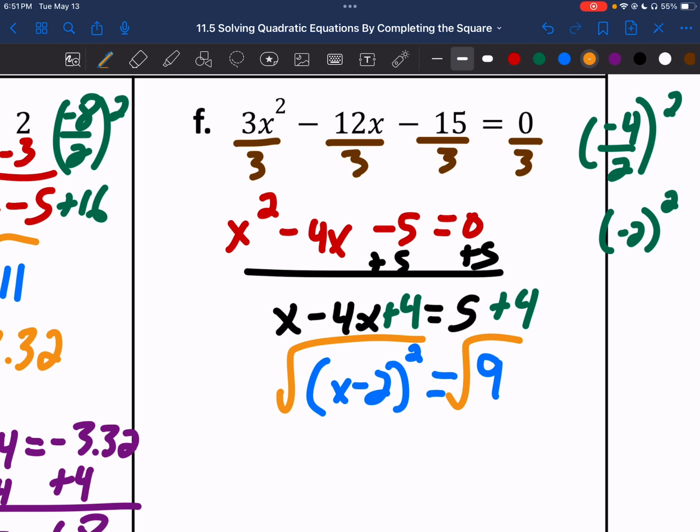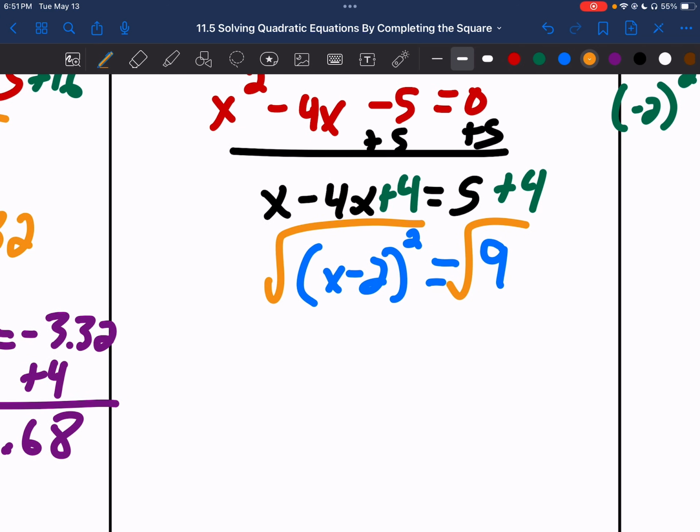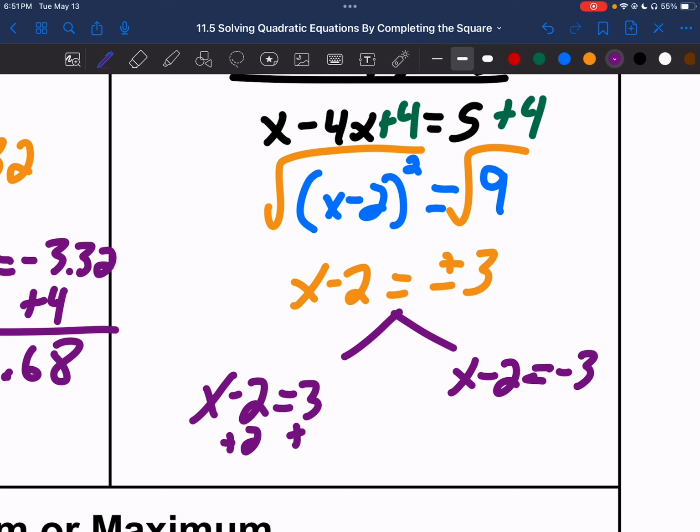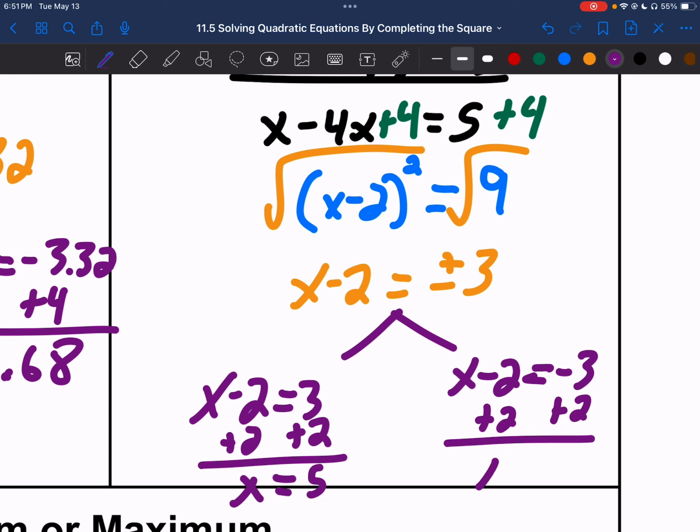When we take the square root of that, that's going to be a clean square root for us. We have x minus 2 equals plus or minus 3, that we can then split. X minus 2 equals 3, x minus 2 equals negative 3. Add 2 to both sides, x equals 5. Add 2 to both sides, x equals negative 1.